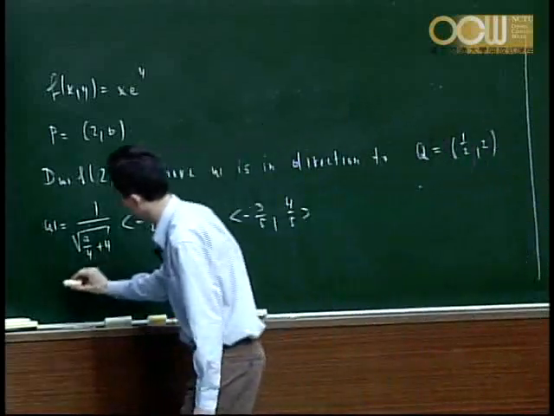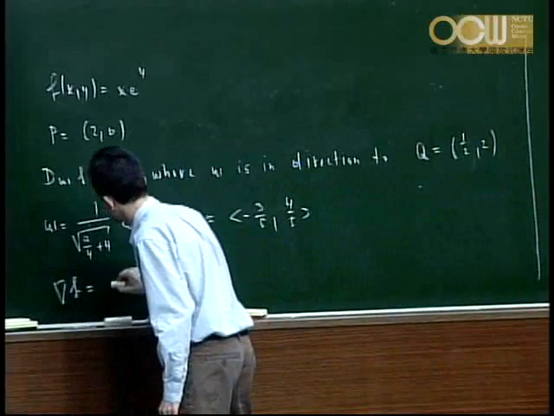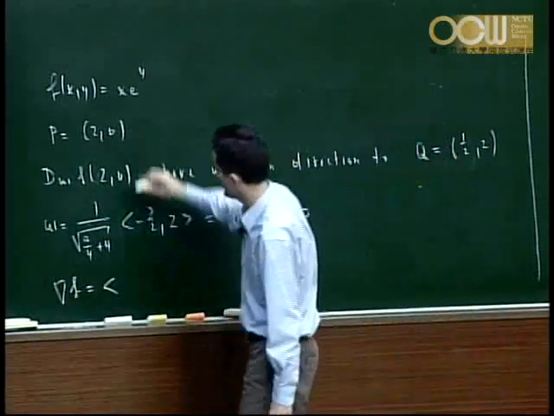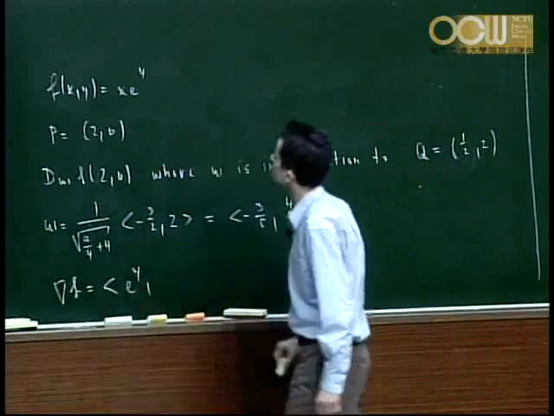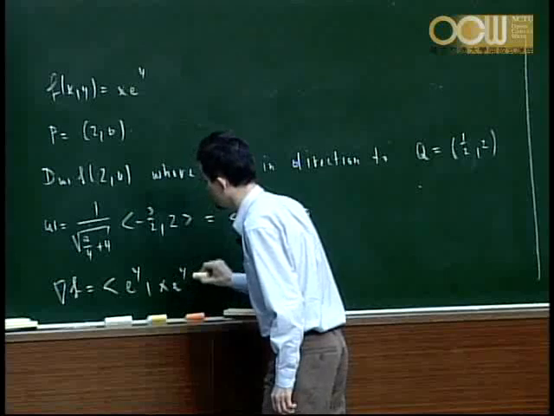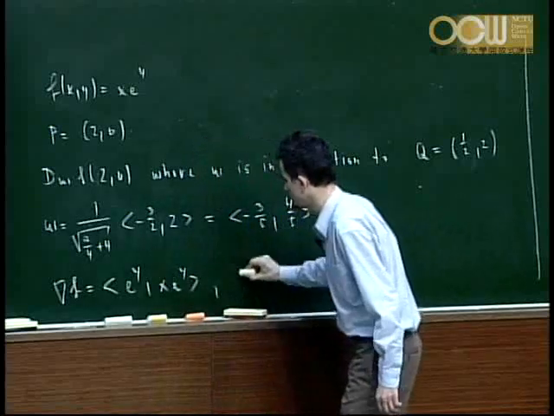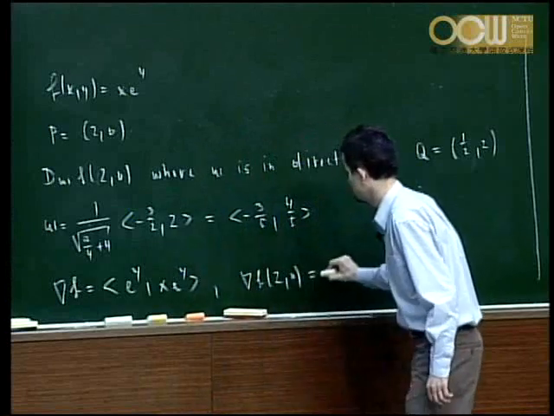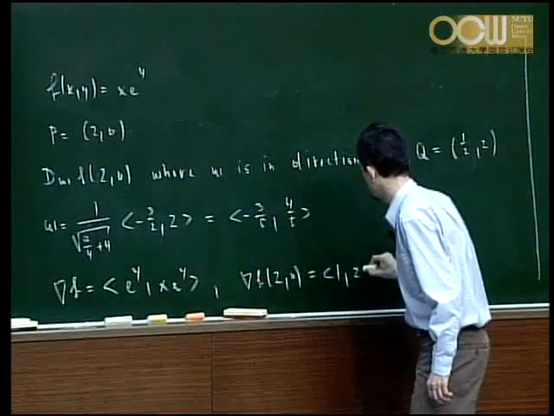Now the next thing is always to compute the gradient. So the gradient is the partial derivative with respect to x, which is e^y, and then the partial derivative with respect to y, which is x e^y. So the gradient at the point (2, 0) is equal to (1, 2).